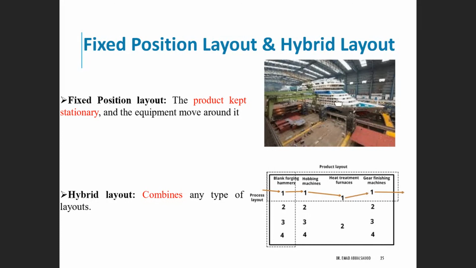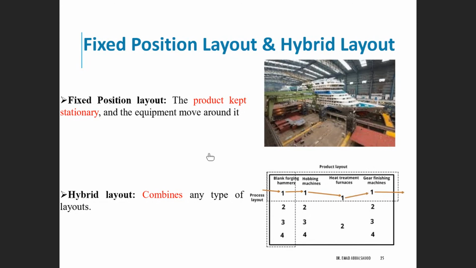So the equipment goes here and there. They build the layout around the product. Rarely do you design a mass production. You are doing a few of those ships and barely have mass production for them. So that's why you design your layout around the equipment.